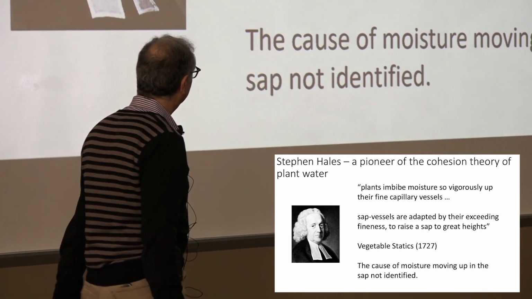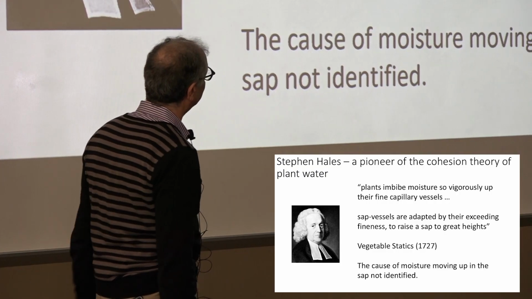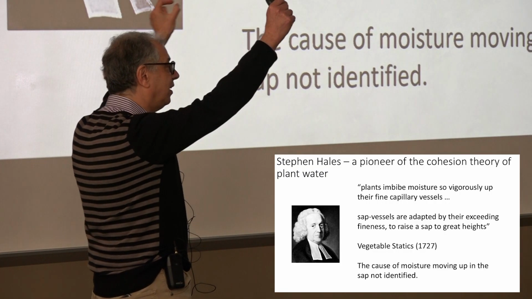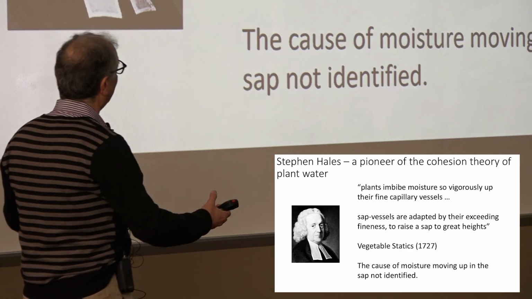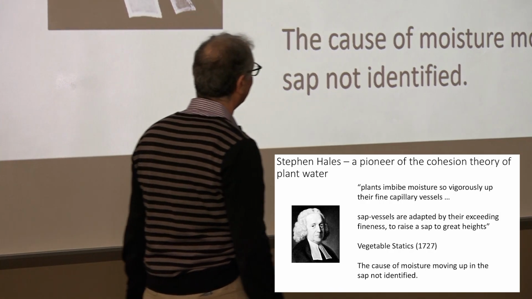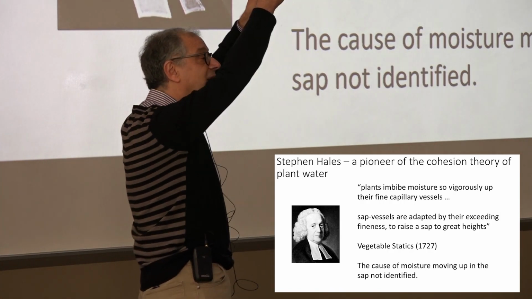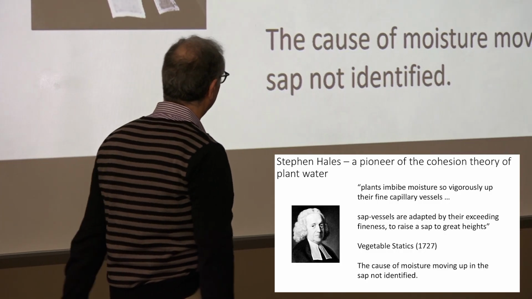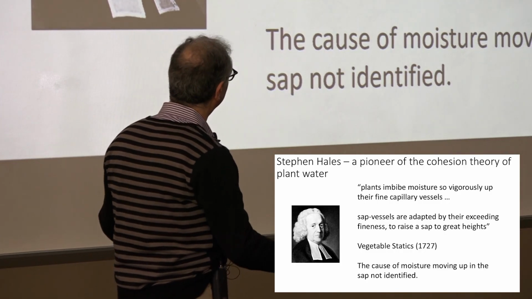And in it, Hales observes that plants imbibe moisture so vigorously up their fine capillary vessels. These are the vessels at the leaf surface. And he argued that sap vessels are adapted by their exceeding fineness to raise a sap to great heights. In other words, water moving up from the soil to the leaf surface seemed to be designed to be like that.